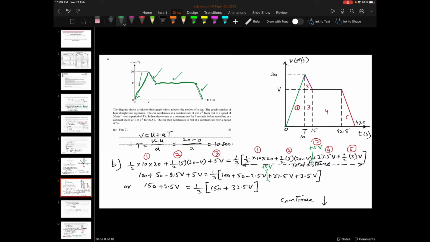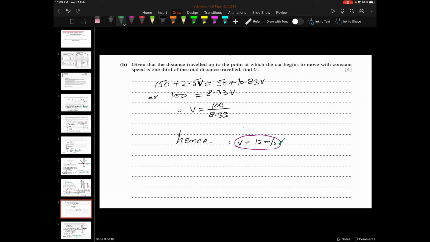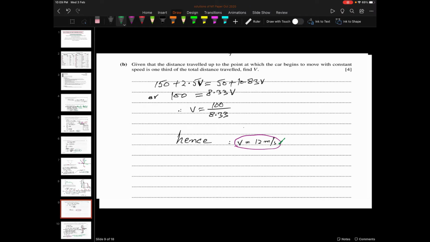Therefore t is equal to 20 minus 0 upon 2, which is equal to 10 seconds. Now the B part of this question. Given that the distance travelled up to the point at which the car begins to move with constant speed is 1/3 of the total distance travelled, find the value of v.